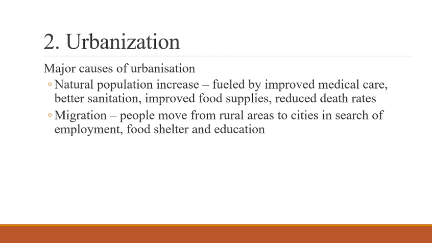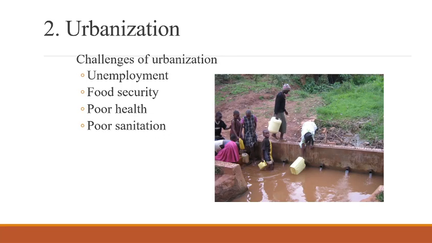Urbanization is caused by natural population increase fueled by improved medical care, better sanitation, improved food supplies, reduced death rates, and migration, whereby people move from rural areas to cities in search of employment, food, shelter, and education.